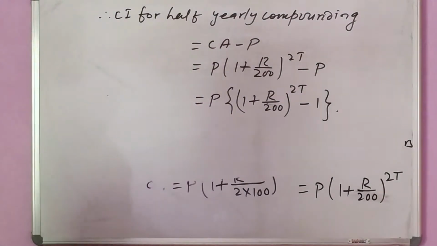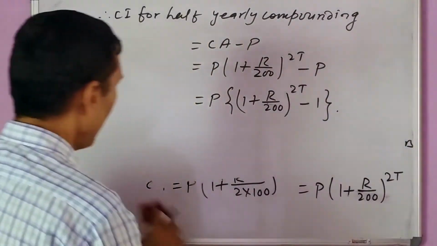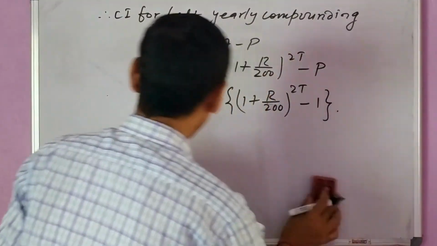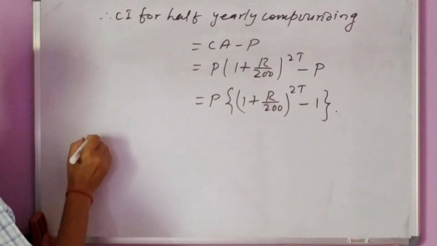So by this formula, we can calculate the compound amount and compound interest for half yearly compounding.